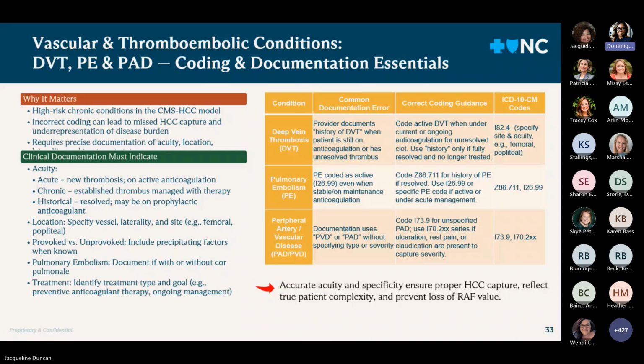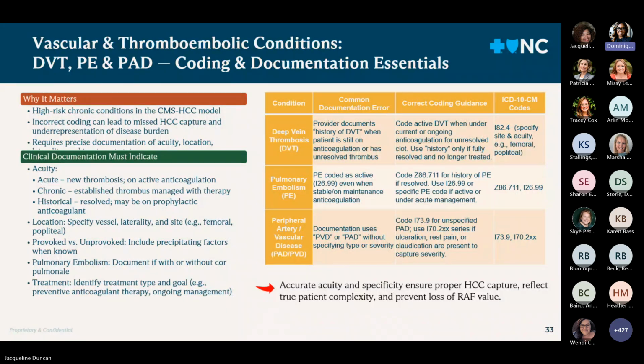PAD or PVD also leads to missed specificity because providers often document only the acronym, even though peripheral artery disease no longer risk adjusts under V28. Associated complications such as ulceration, rest pain, and claudication must still be captured to accurately reflect severity and guide care planning.